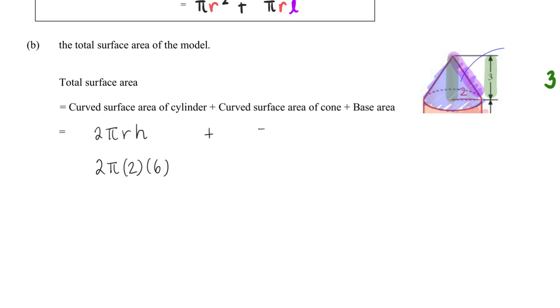Curved surface area is pi r l, where the radius is 2 and the slanted height is square root 13. Not forgetting the base area is a circle, pi r square.